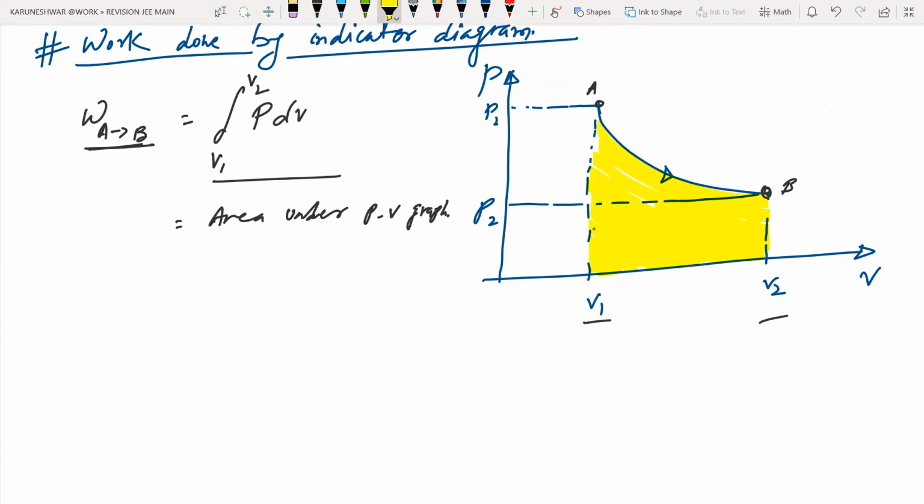This is the exact area we are looking for, and this area will be the work done by the gas during process A to B.